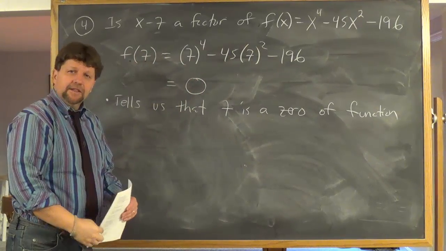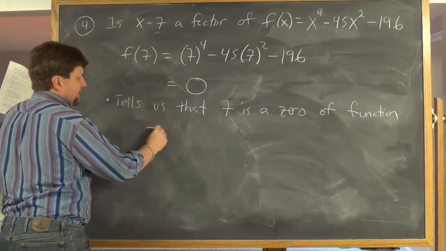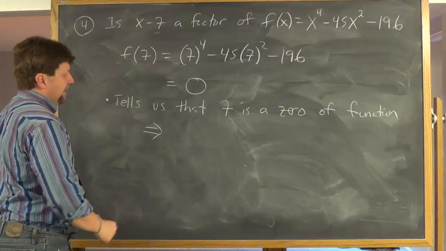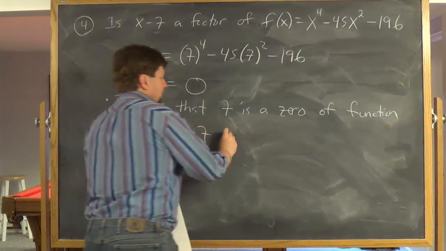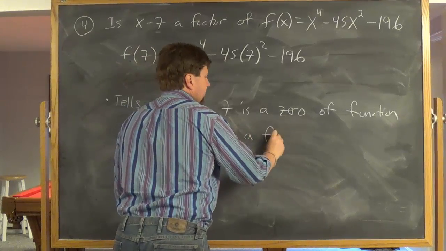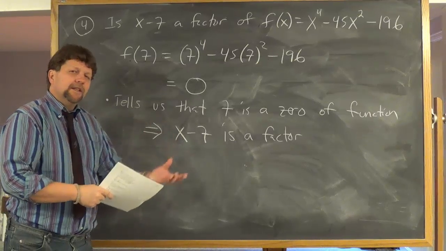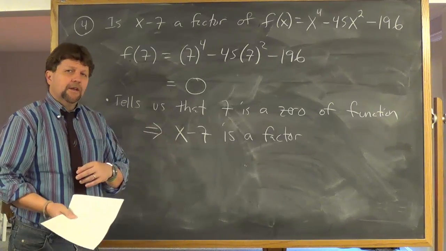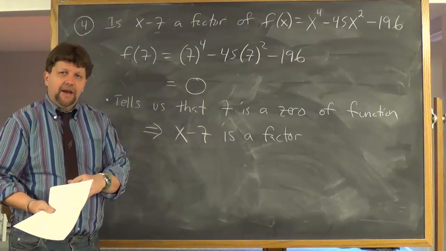That tells us 7 is a 0 of the function. If we know 7 is a 0, that tells us x minus 7 is most definitely a factor. Keep in mind, if you know a 0, you know a factor. If you know 7 is a 0, you know x minus 7 is a factor.